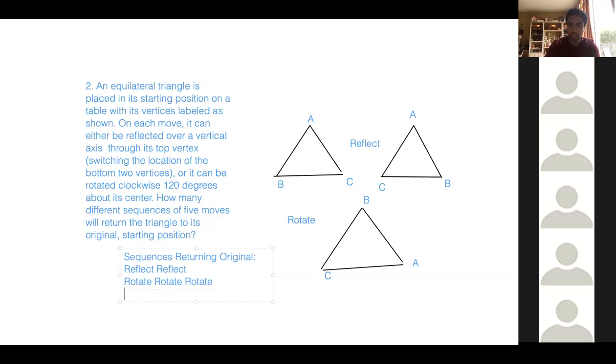So we know 2 reflections or 3 rotations both go back to the original one. Can we make a sequence of 5 moves that returns the triangle to the original position? Okay, so what would that be?